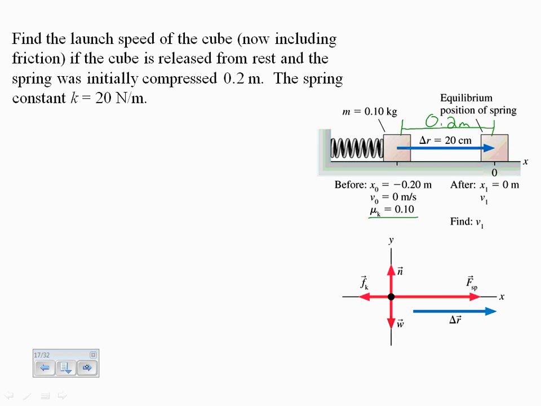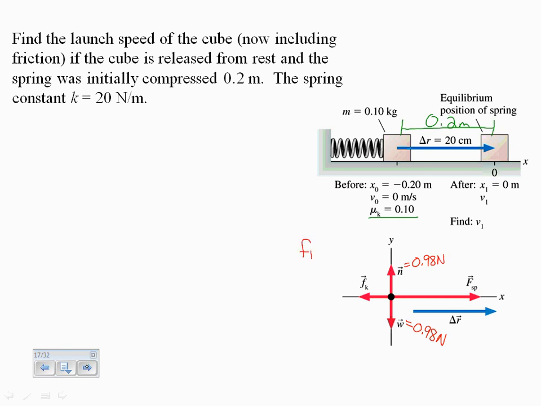So the first thing that we need to do is calculate what the weight of this block is. The weight of the block is going to be 0.1 kilograms times 9.8. So this weight is 0.98 newtons. And that means that the normal force is also going to be 0.98 newtons.